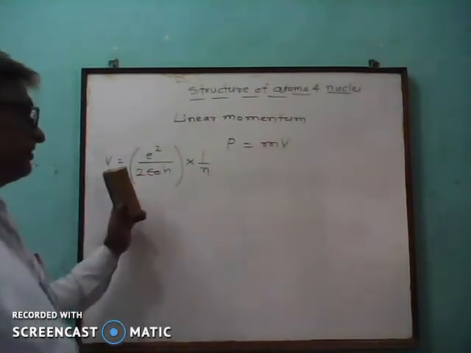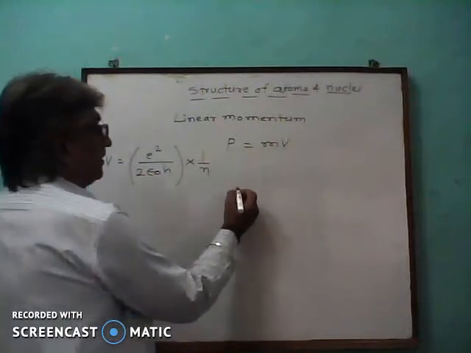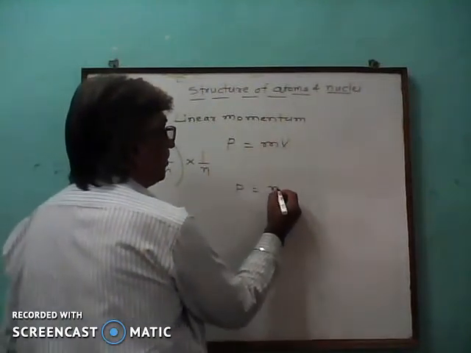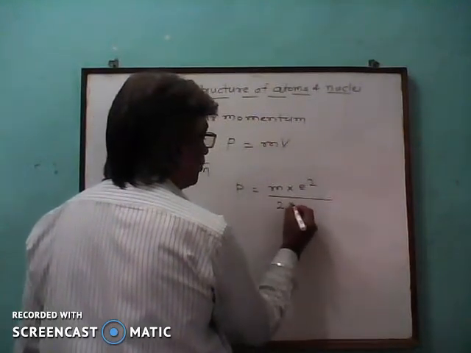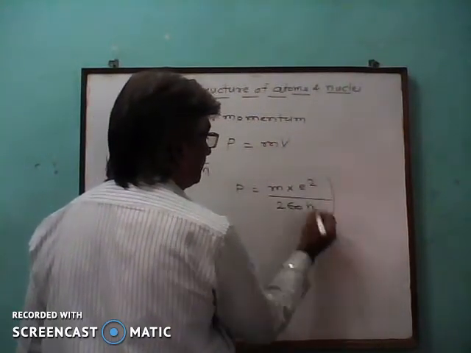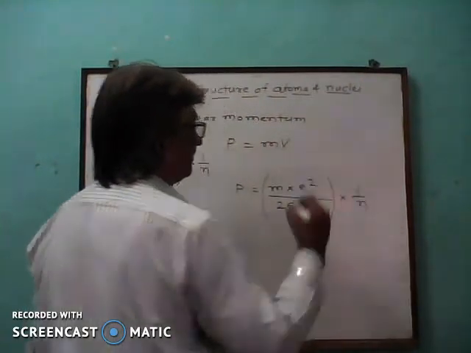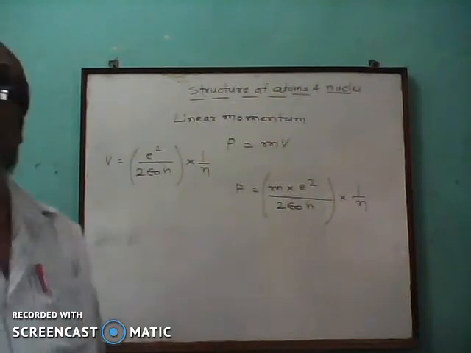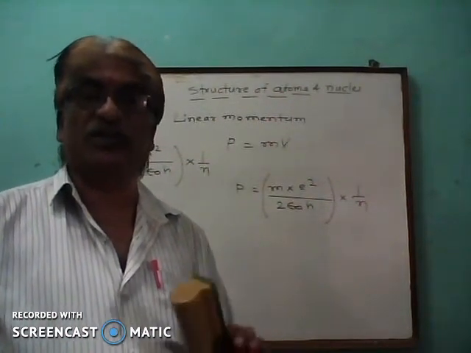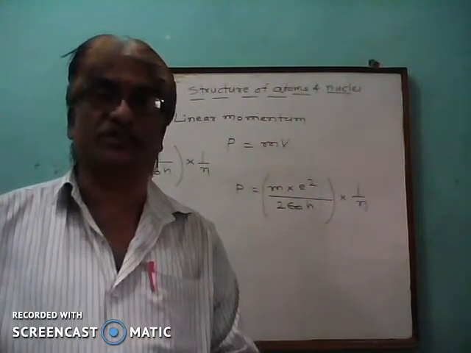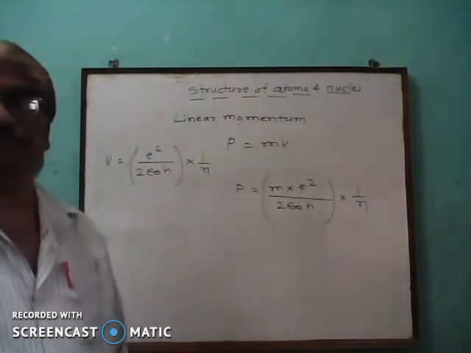If we substitute this value here, what happens? P is equal to m into e square upon 2 epsilon 0 h into 1 upon n. Means linear momentum is also inversely proportional to principal quantum number if the bracket term is constant.